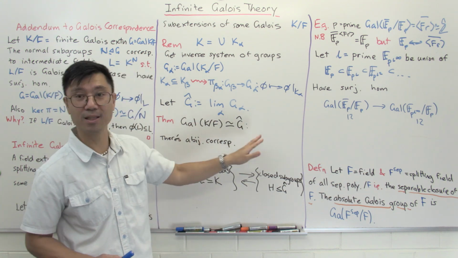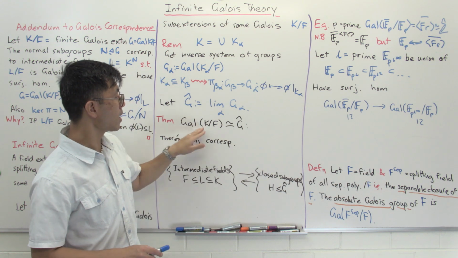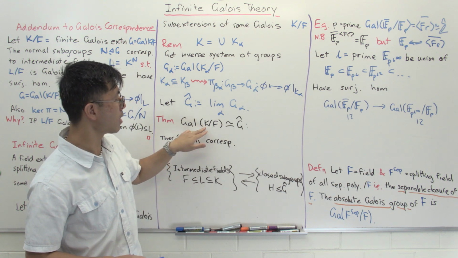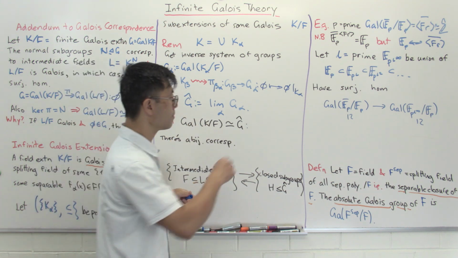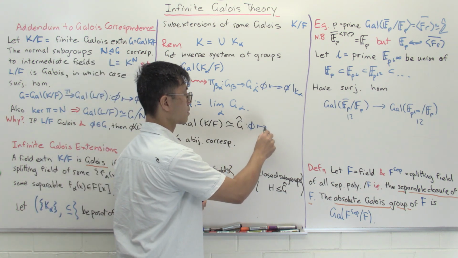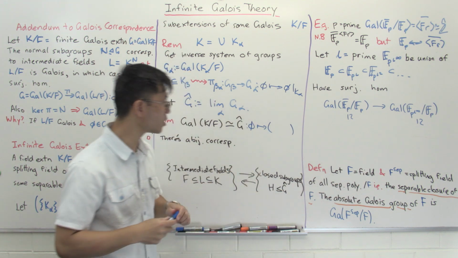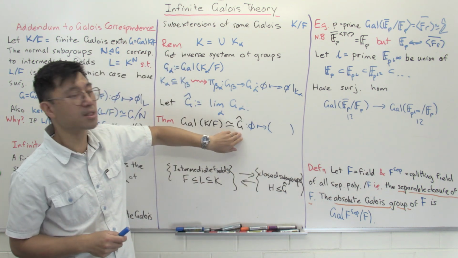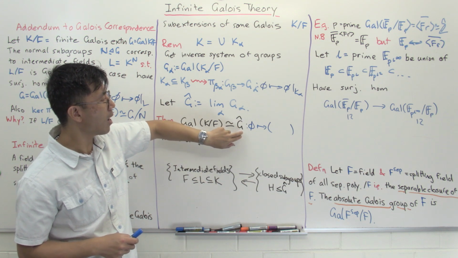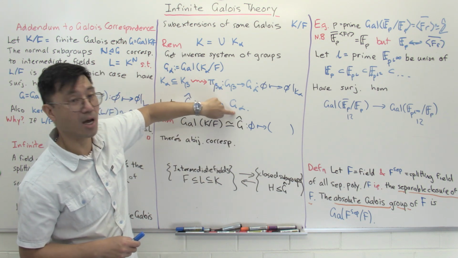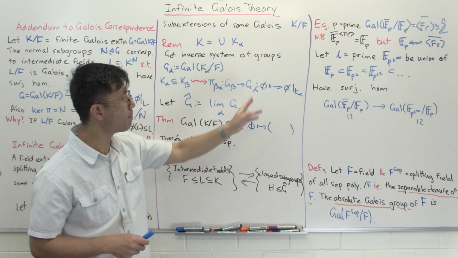Let me just add some more details as to how this works. Firstly, how do we get this isomorphism? Here we can take a Galois automorphism phi inside here and map it to this inverse limit. Remember, this inverse limit is a tuple of elements, one in each of these G alphas, and they have to be compatible.